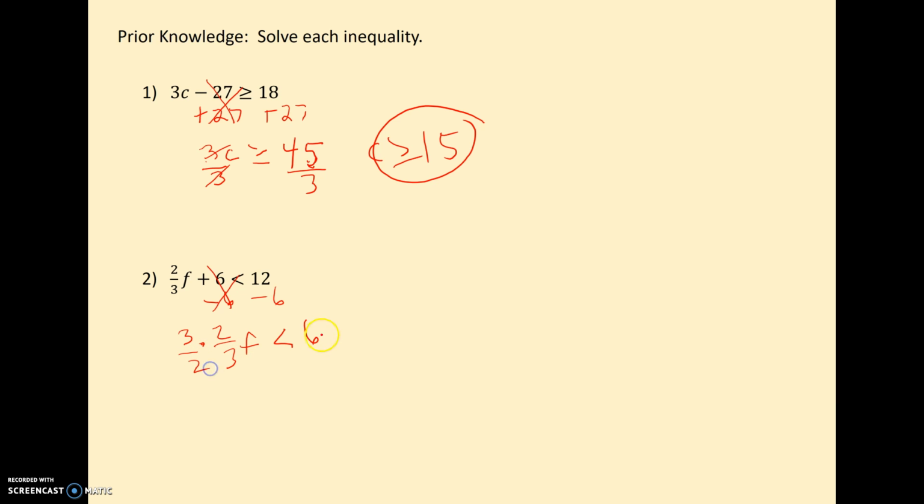So if you multiply by 3/2 to each side, that means that your 3's will cross cancel, your 2's will cross cancel, and you're just left with f less than, and you can multiply the 6 times your numerator and then divide by your denominator. So what I mean by that is 6 times 3, which is 18, divided by 2, therefore f is less than 9. So that should be the final answer on problem number 2.